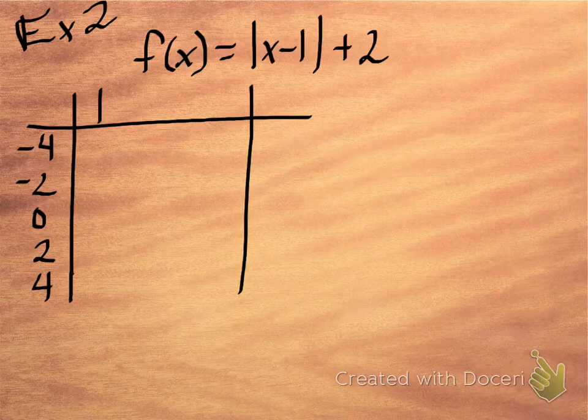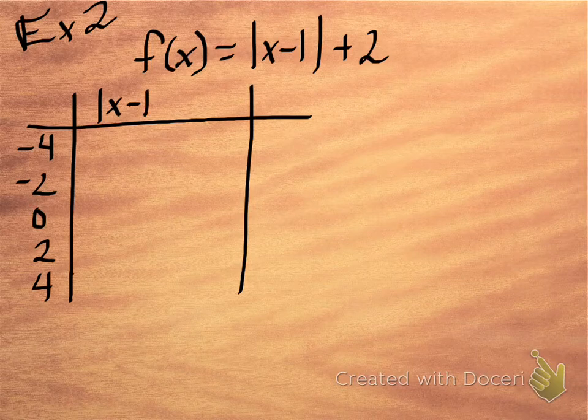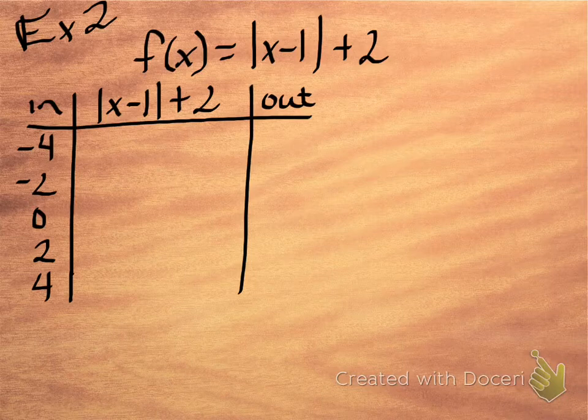This is my work area, or you could use those function rule papers that we have, or the function machine papers. These are my inputs, this is what goes in. This is my outputs, this is what comes out of the function machine. This is your x, this is your y.